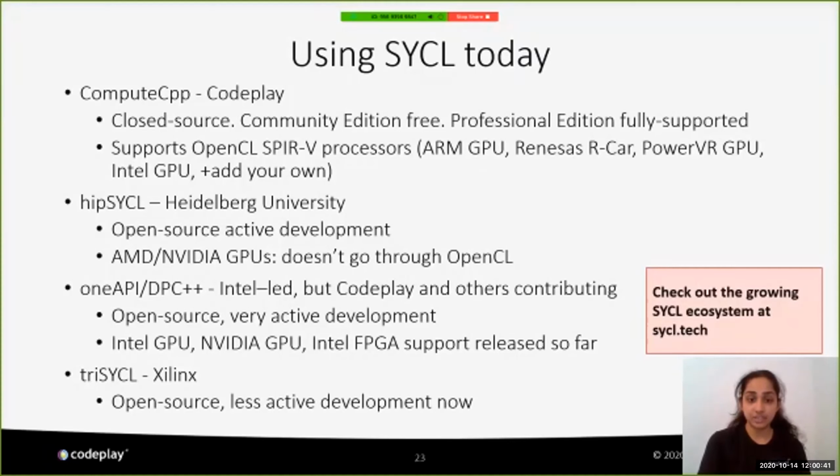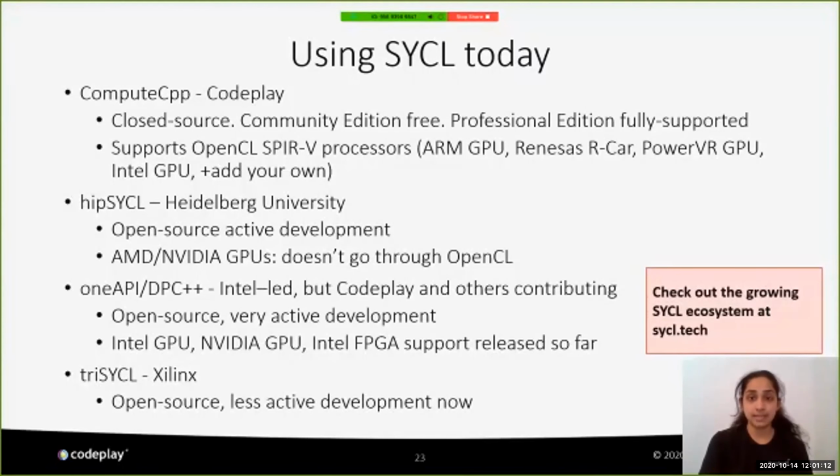Another common implementation of SYCL is HipSYCL. This was an implementation by Heidelberg University. This supports both NVIDIA and AMD GPUs, and it does not go through the OpenCL backend. One of the other famous implementations of SYCL is oneAPI, or the DPC++ implementation by Intel, and Codeplay has also contributed to the open source version of this DPC++ compiler. It is open source and under active development.